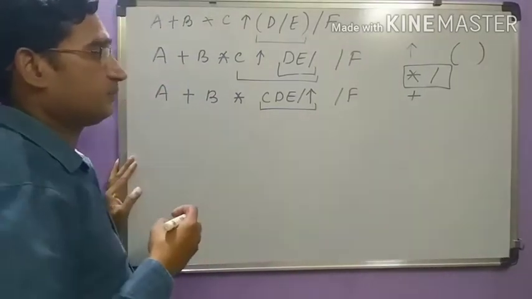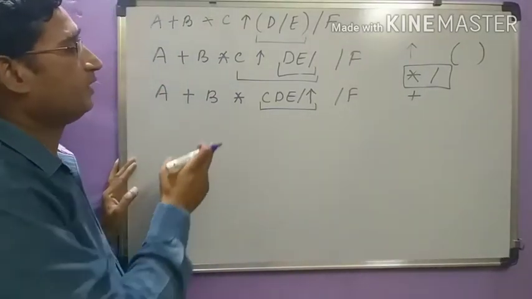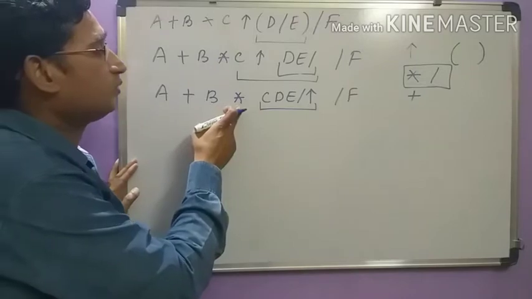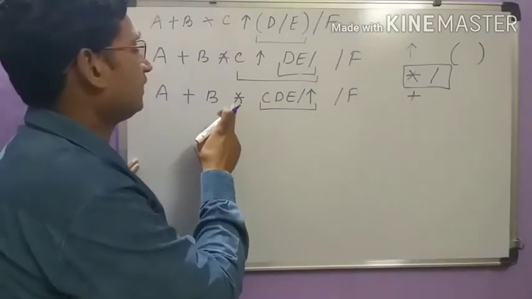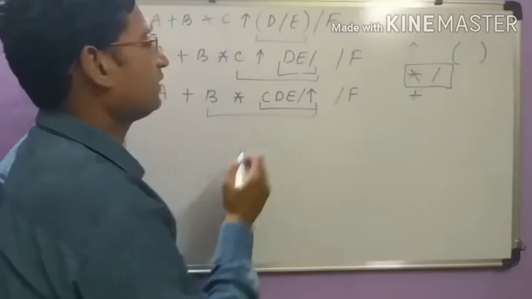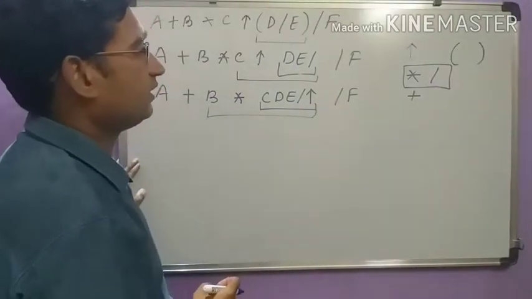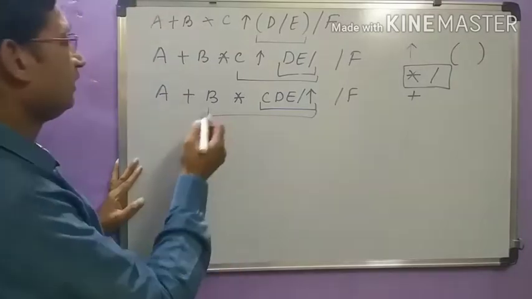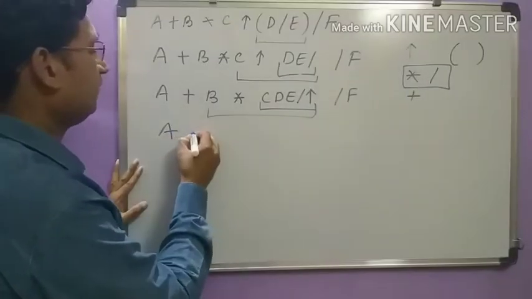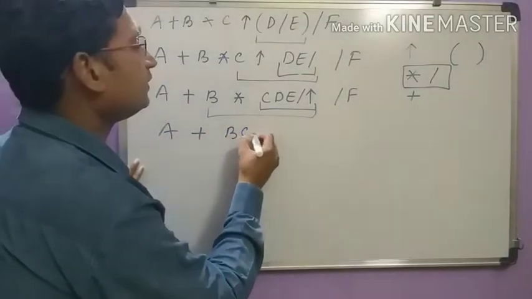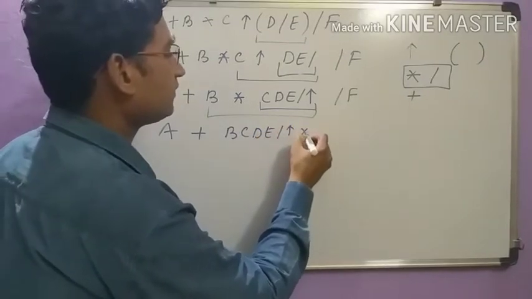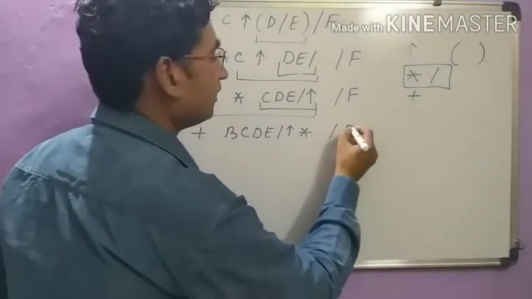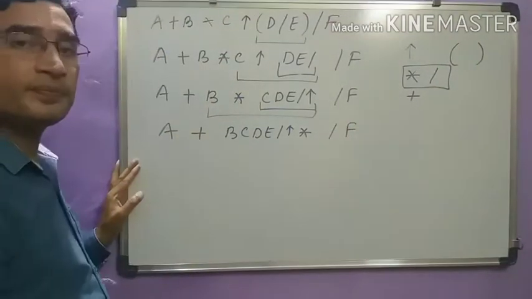With the concept of associativity, first we need to convert this term into postfix, then after this we will do the division. In this case, first a plus b, c, d, e, divide, exponent, asterisk, then f is here.